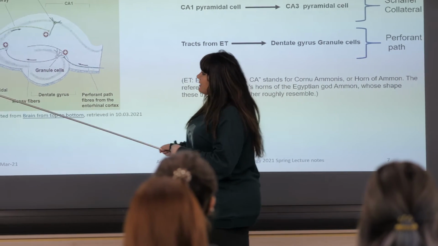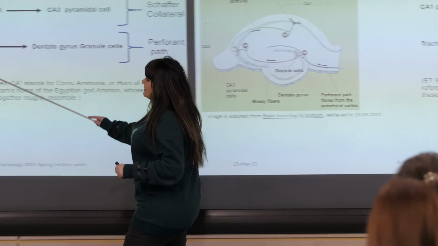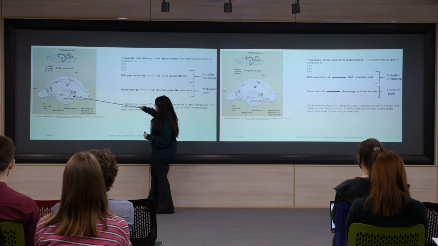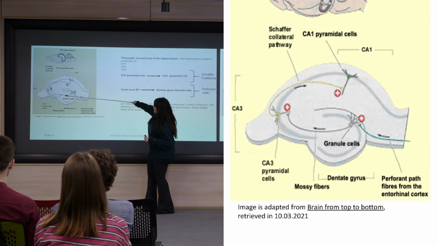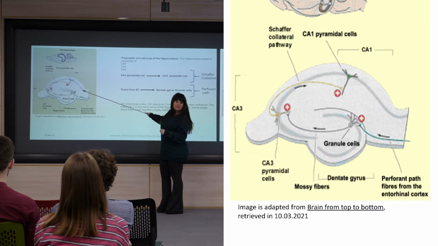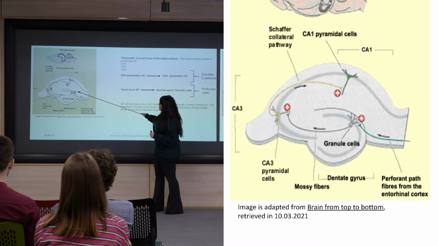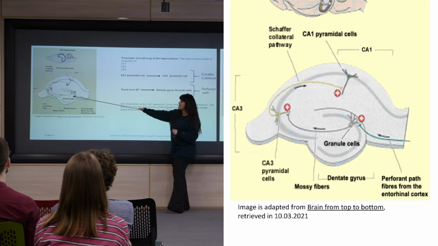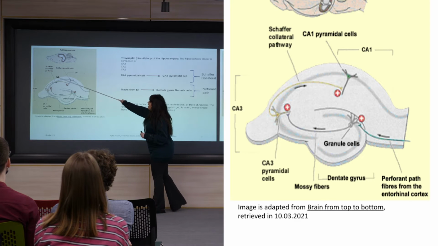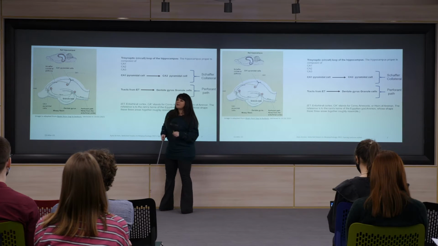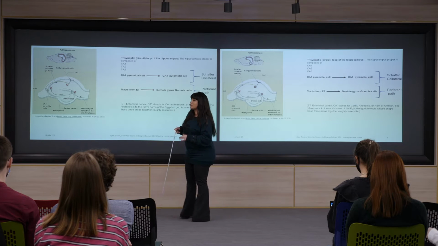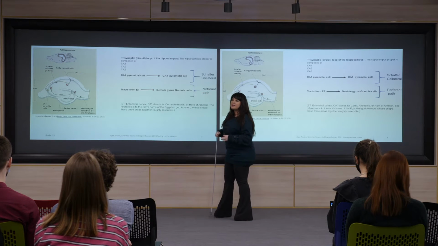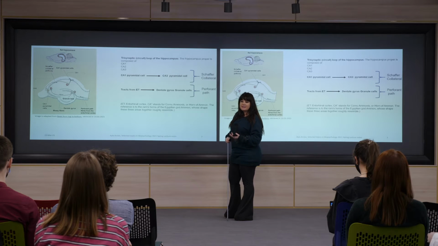In that slice, if you can see, this area is the dentate gyrus, and here are the CA3, CA2, and CA1 regions. Here one prominent cell type is the granule cells. In the CA area there are other kinds of cells, and one of the most prominent cell types is the principal cells called pyramidal cells.